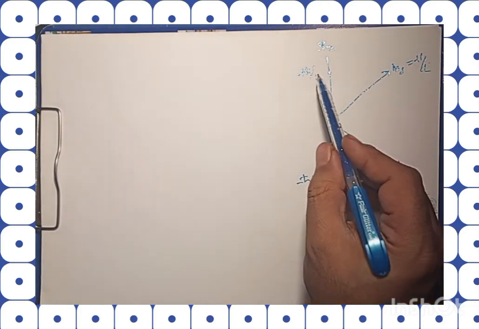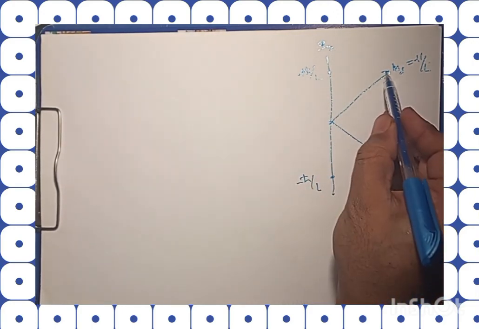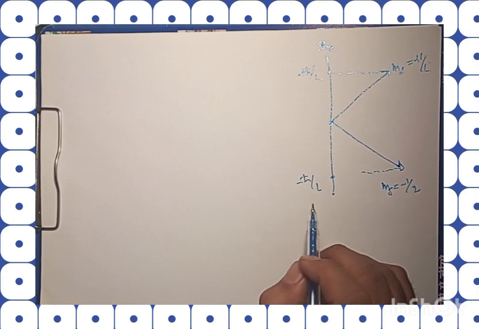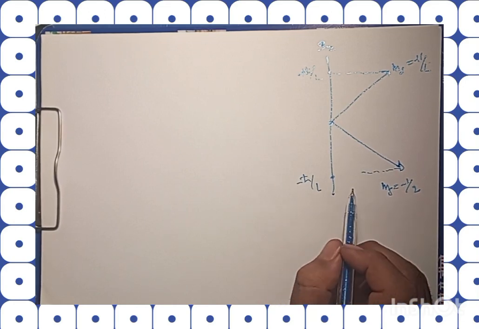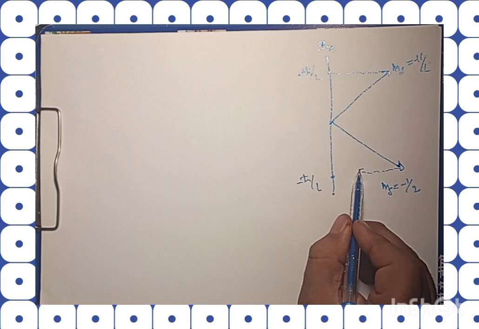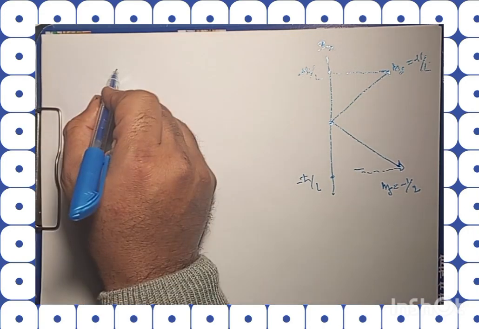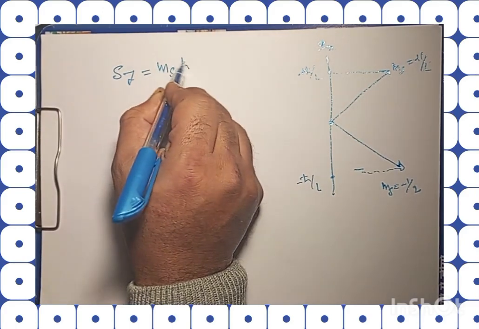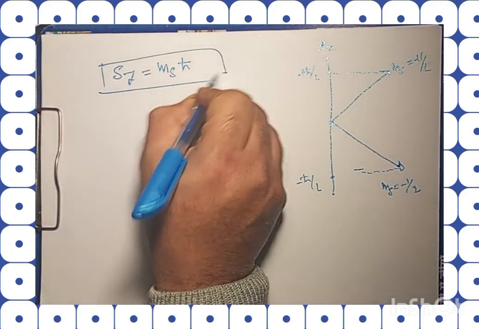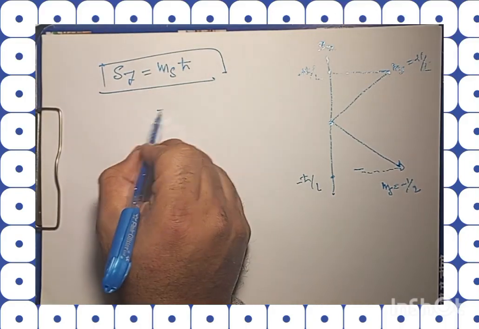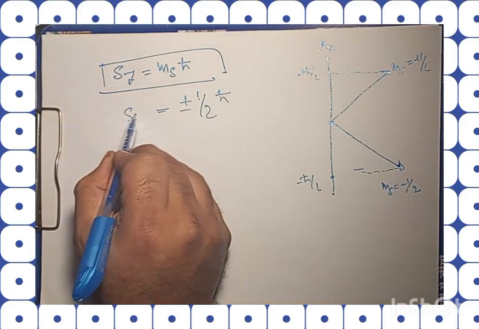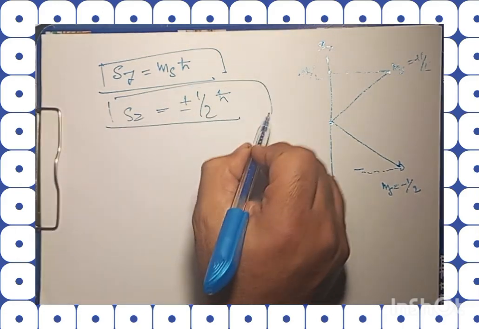So the z component of spin angular momentum, Sz, will be ms times h cross. Now ms is plus minus half, so Sz is plus minus half h cross.